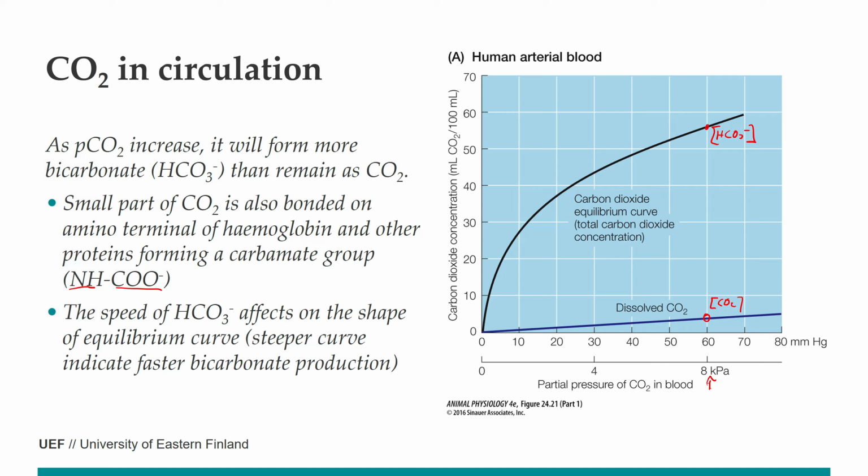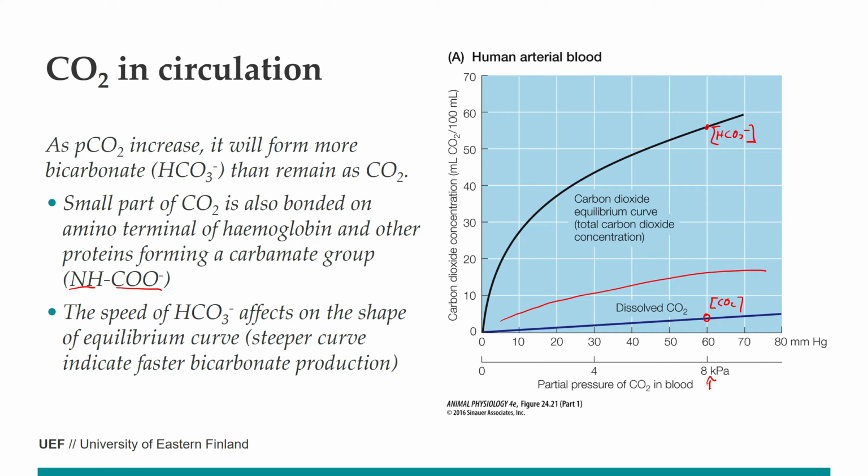And therefore, the speed of this reaction to produce these bicarbonates affects the total amount of carbon dioxide that we can carry. So, in some animals, maybe 1/3 of the carbon dioxide carried in the blood is in carbon dioxide molecules, and then only a little bit in other forms.